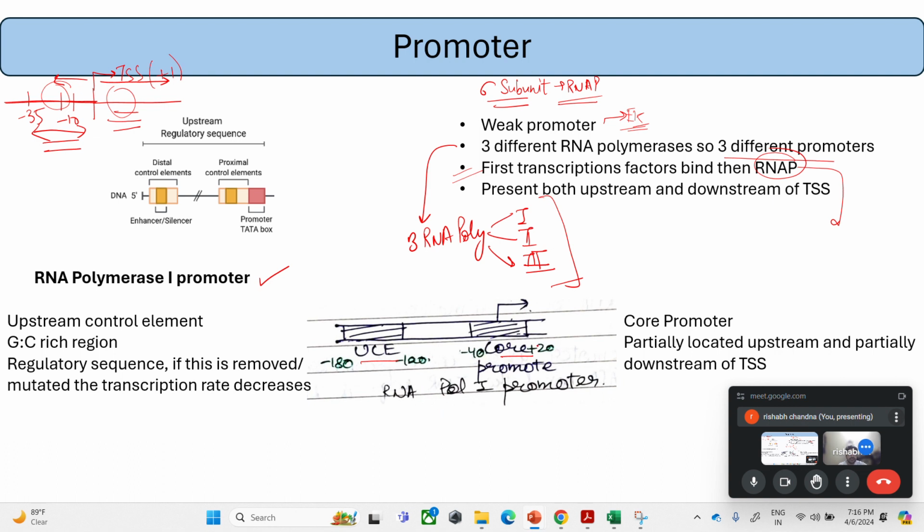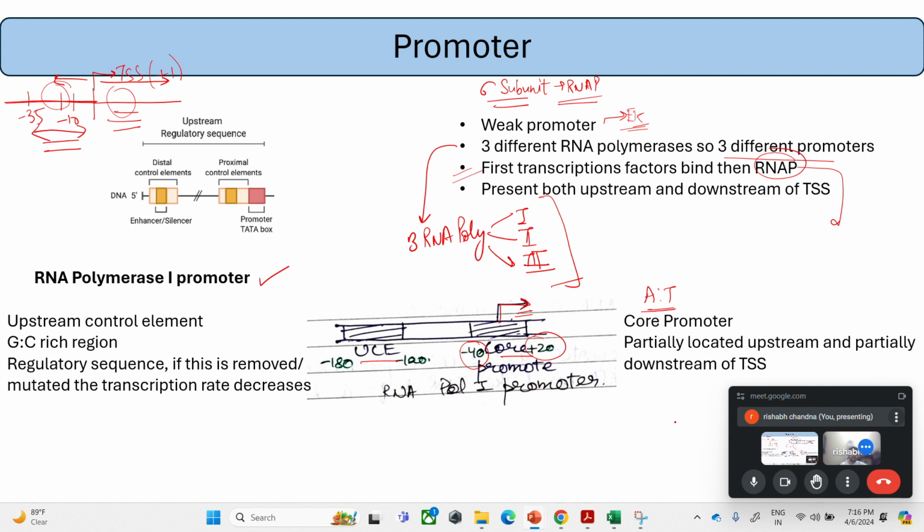The core promoter is located around the transcription start site, between the minus 40 and plus 20 region, and this region is basically AT rich in nature. Why? Because from here only the transcription bubble starts.